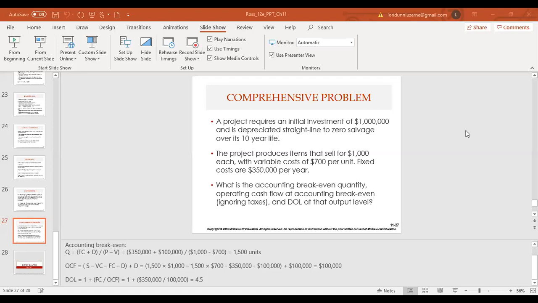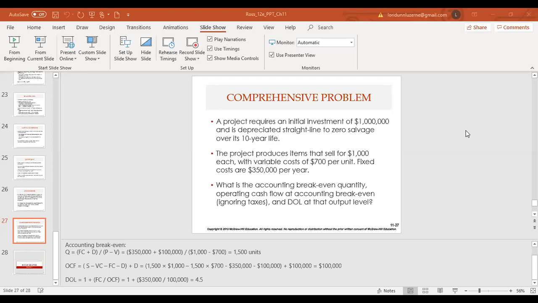So what would be the operating cash flow at 1,500 units? Well, we would take the 1,500 units. You can multiply that either by 1,000 and then subtract 1,500 times 700, or take 1,500 units times $300, because that's your contribution margin.